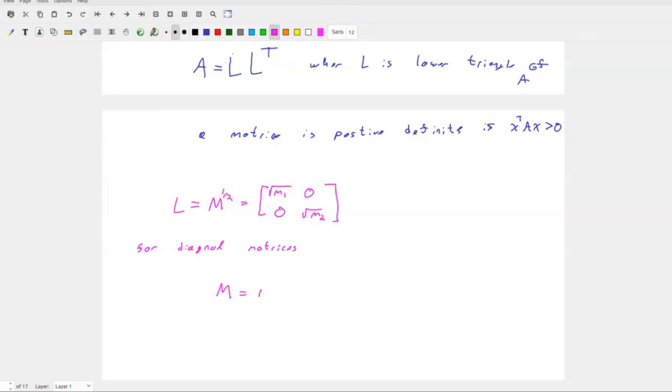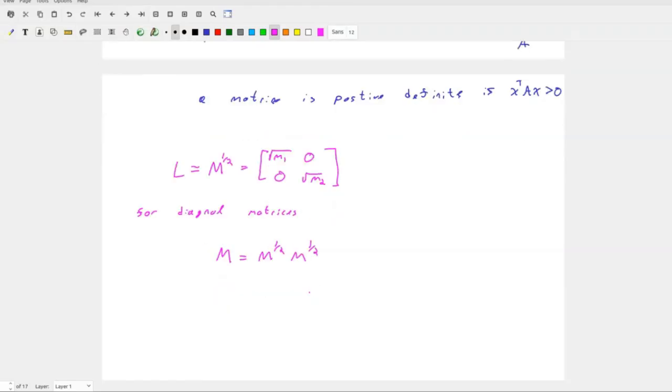For the special case of diagonal matrices, M is equal to M to the 1/2 times M to the 1/2, which is quite useful, right? We can rebuild our M. The inverse of the diagonal, right?